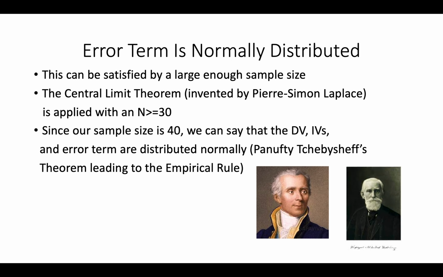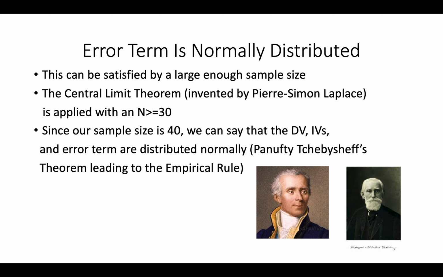Frequently, in social science, our sample sizes are quite large. The 50 US states, the nearly 200 countries around the world, the approximately 1,500 cases in large-scale surveys of the public. Those are examples of larger samples. And if our sample is large enough, then we can say we satisfy this assumption.